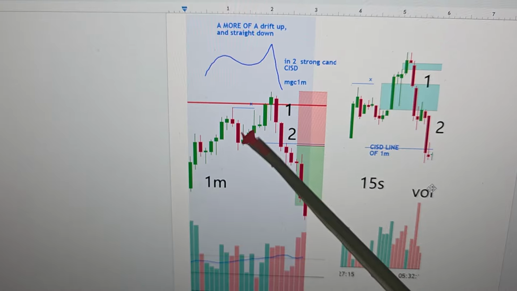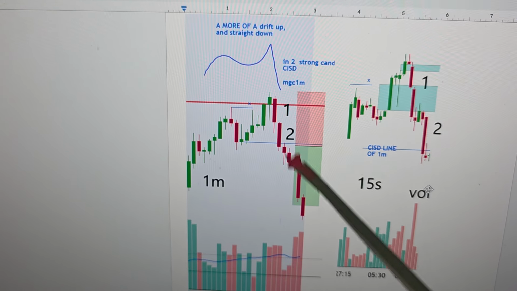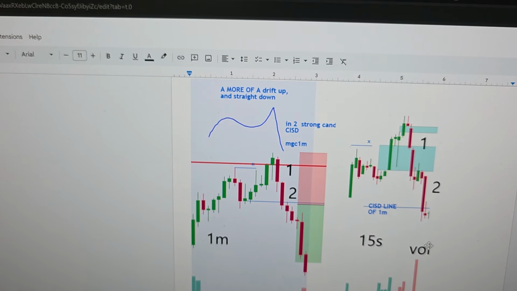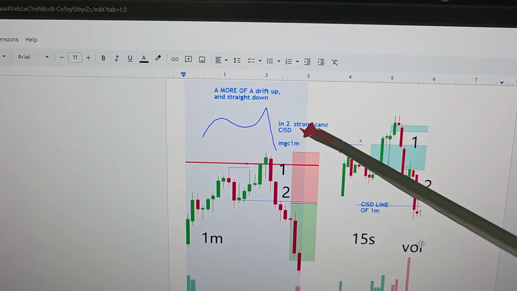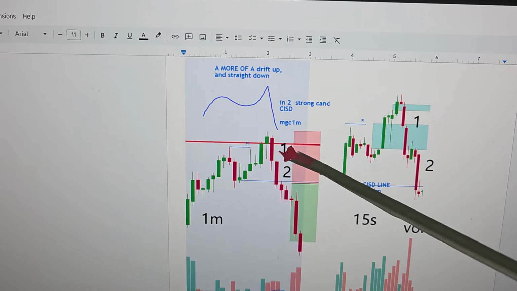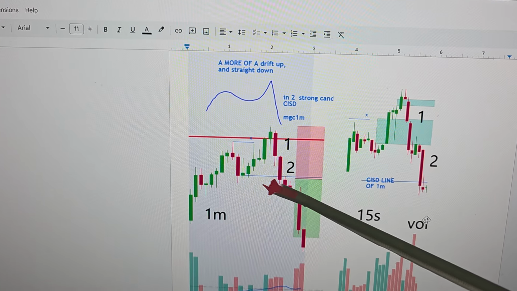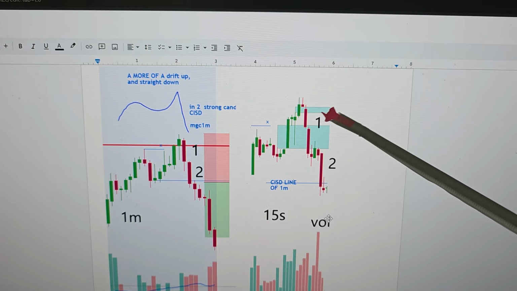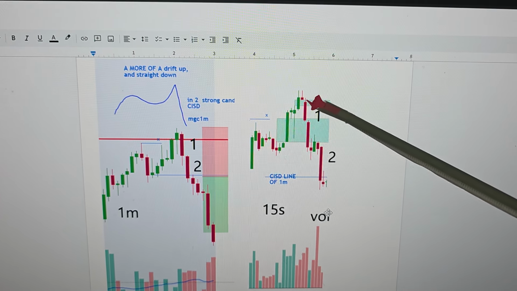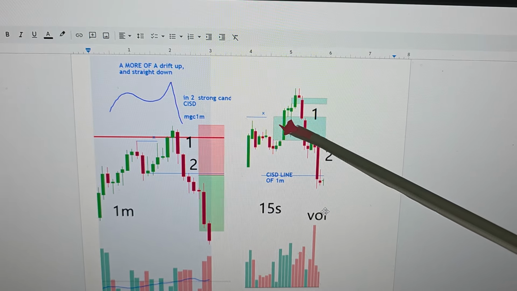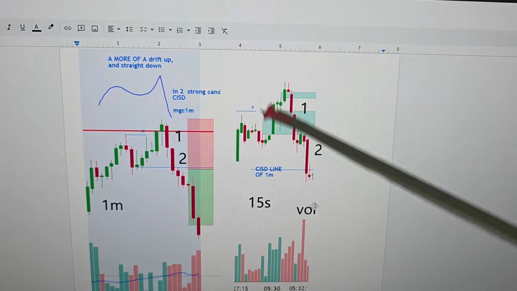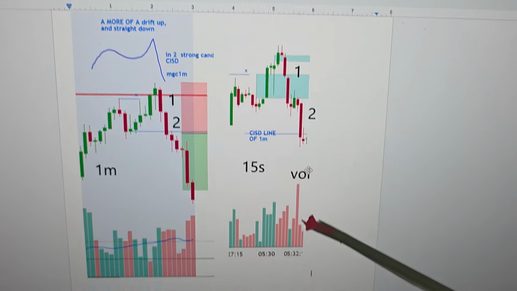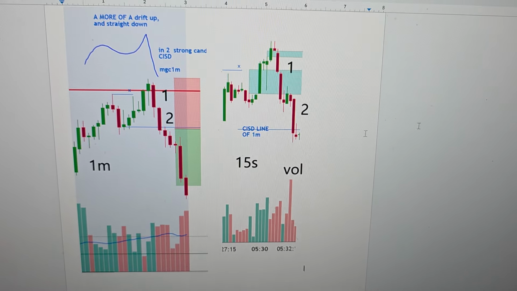We have a drift up and then a straight down, in 2 strong candles, to turn this SysD around. And this one corresponds to the 15-second chart where it inverted a couple of 15-second fair value gaps. That's 1, 1, 2, 2, and 2 had volume.